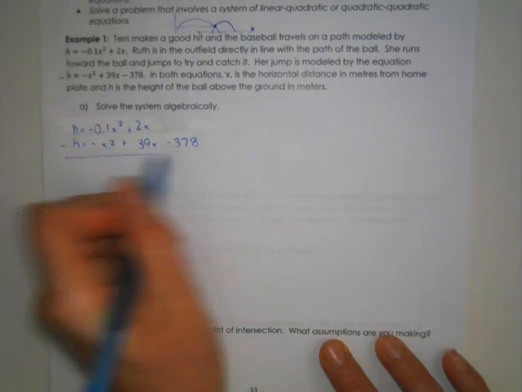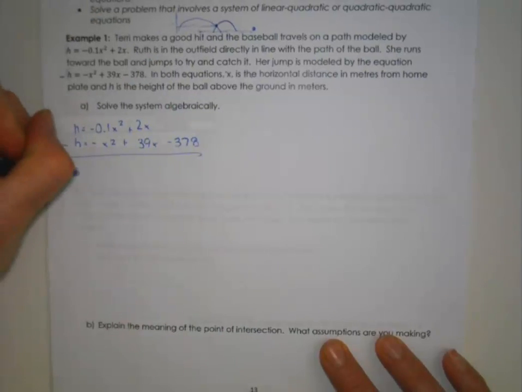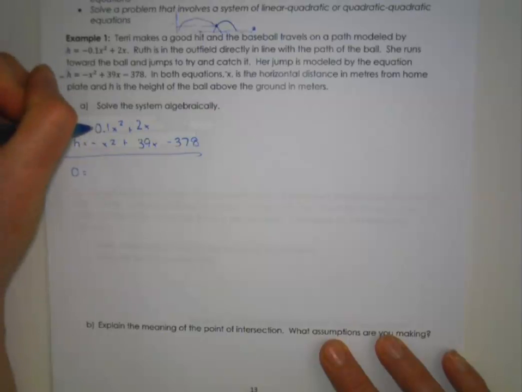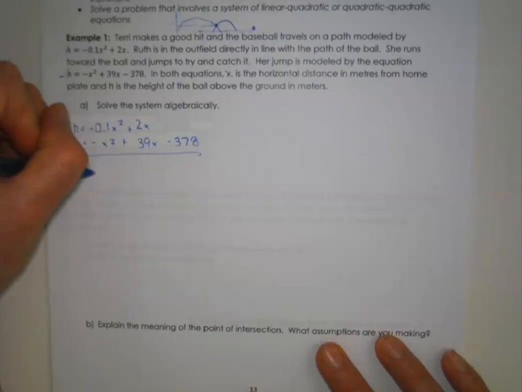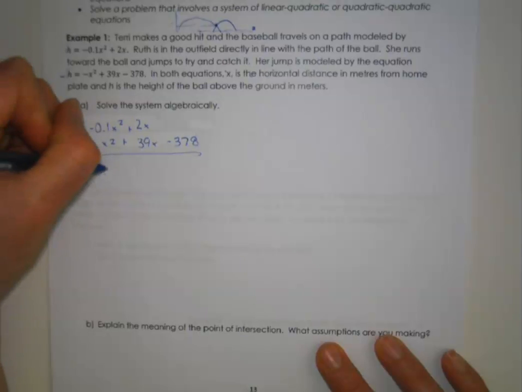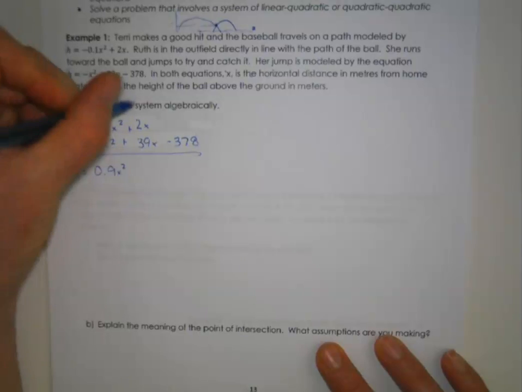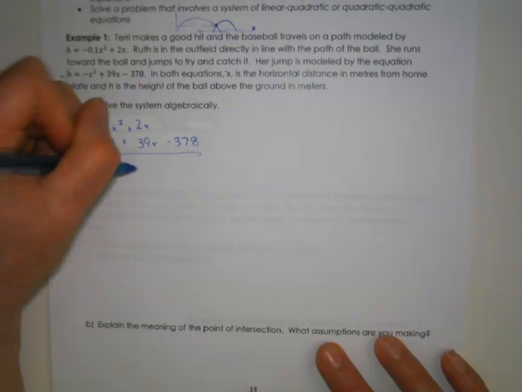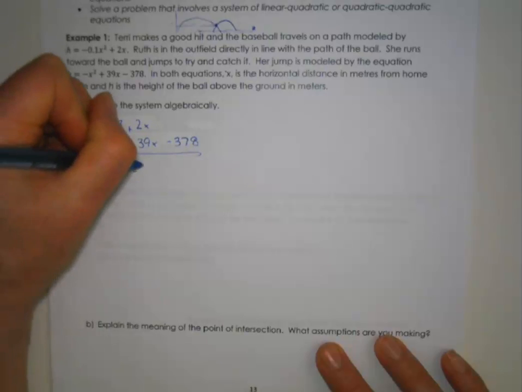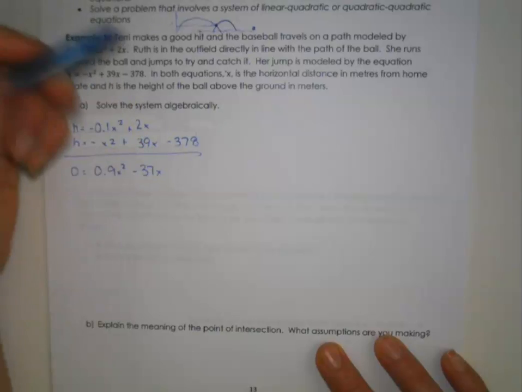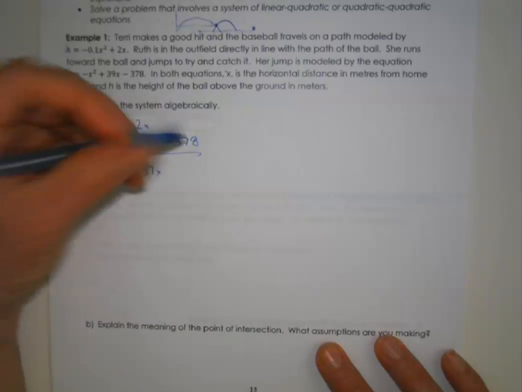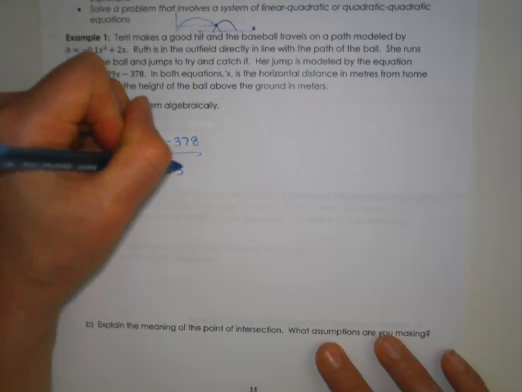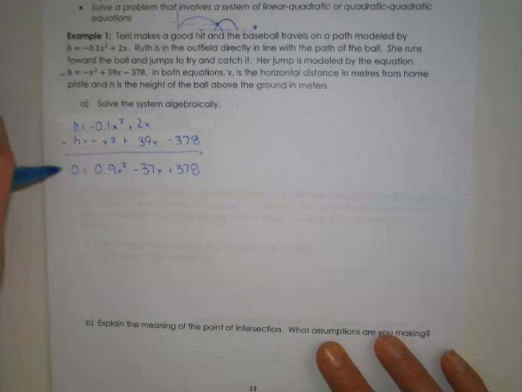Okay, so if we combine those, h minus h is 0. -0.1 minus -x is the same as plus, so we end up with 0.9x squared. 2x minus 39x gives us -37x. And we don't have a numerical value there, so it's like saying 0 minus -378, which would be plus 378. So now we get this function.